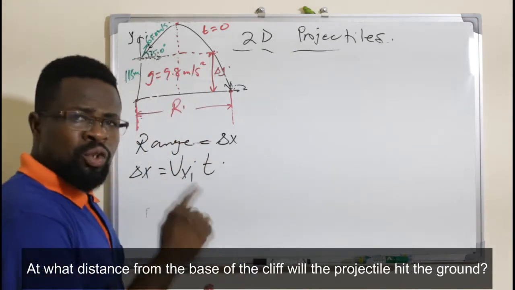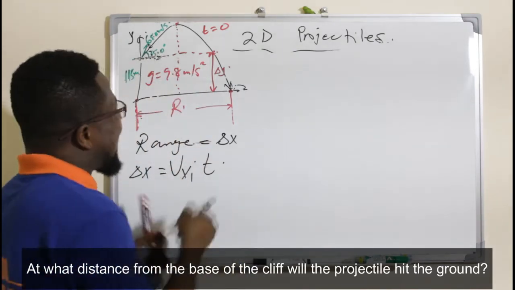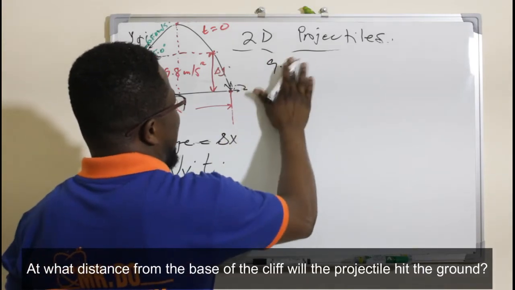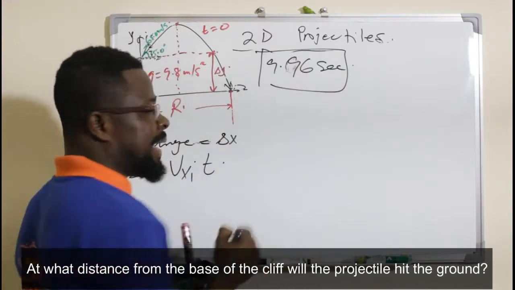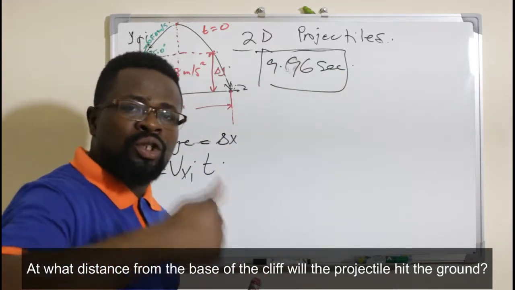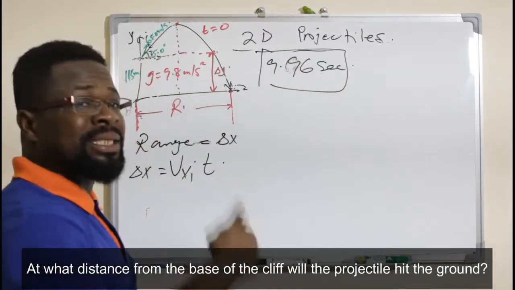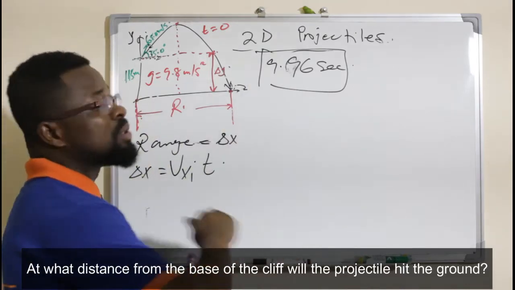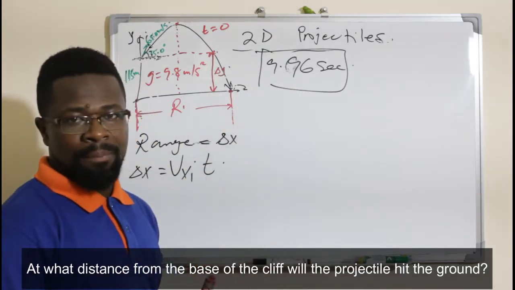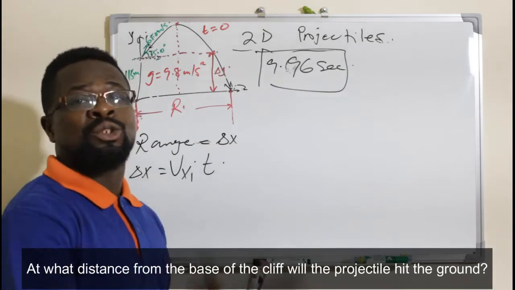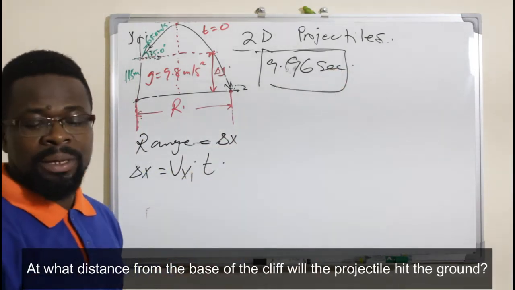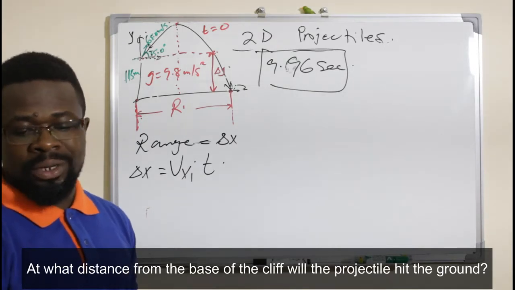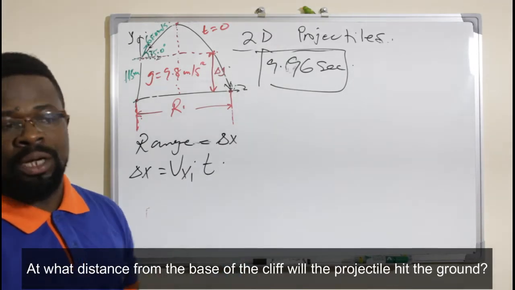Remember, 9.96 seconds is the approximated value. So if I want to do the calculation, I shouldn't use the approximated value. I should use the actual time. And when you use the actual time, you are going to get the exact value that is expected of us. So let's check it and see what we should have.